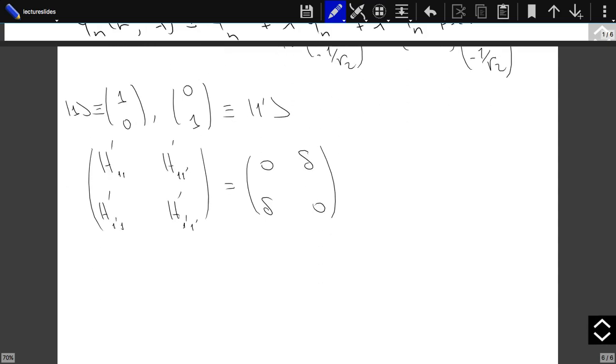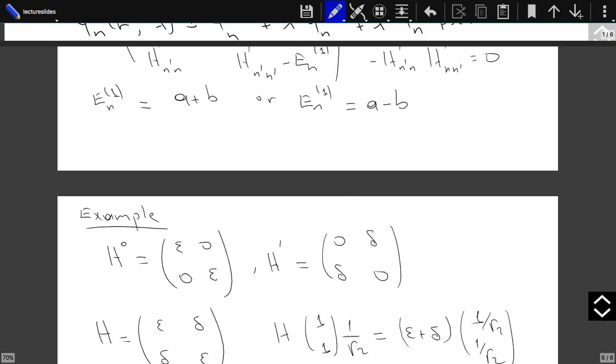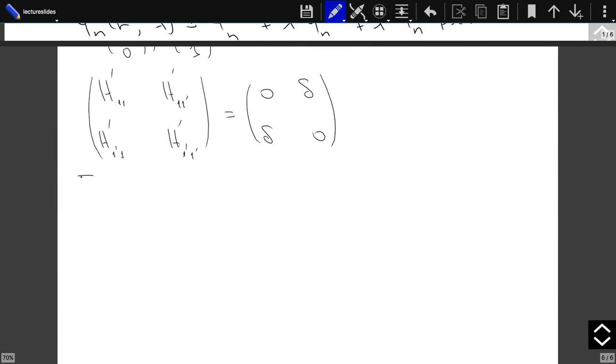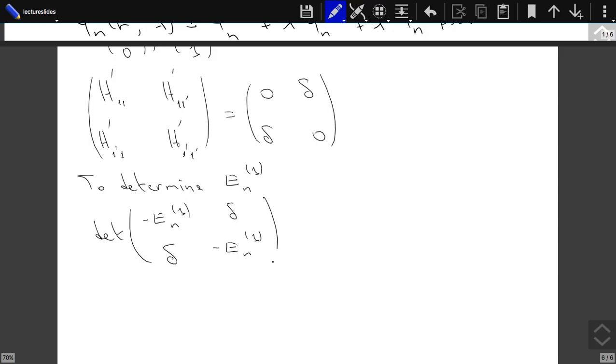To determine alpha and beta, first we have to determine the correction to the energy. Remember we have this matrix. We subtract the first correction to the energy, E_n^1, multiplied by the identity matrix. So to determine E_n^1, we solve the determinant of (-E_n^1, delta; delta, -E_n^1).